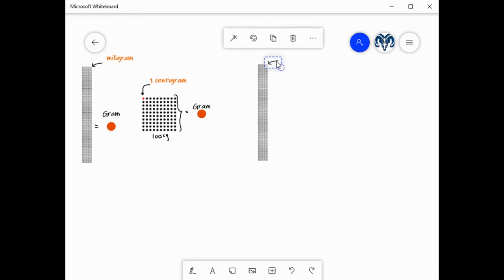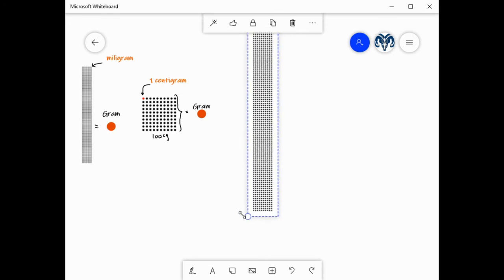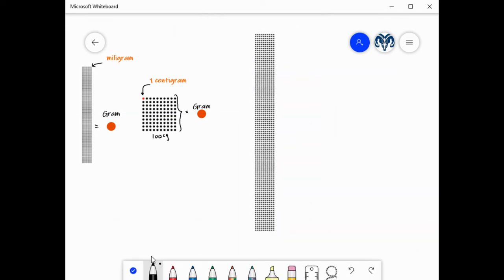Now here, each one of these little dots, each dot is going to equal a gram.